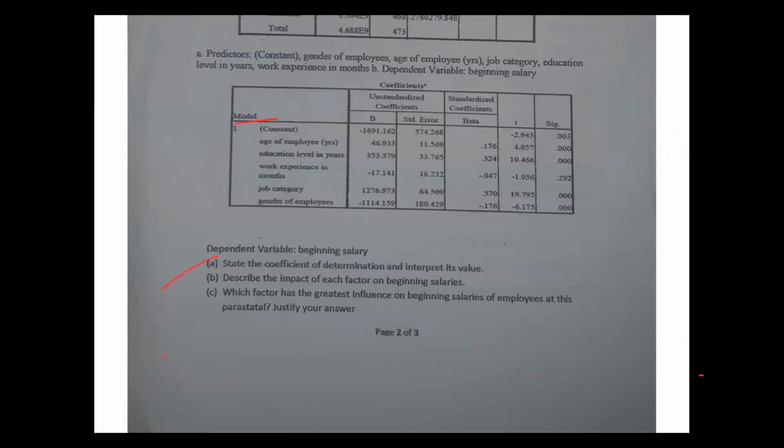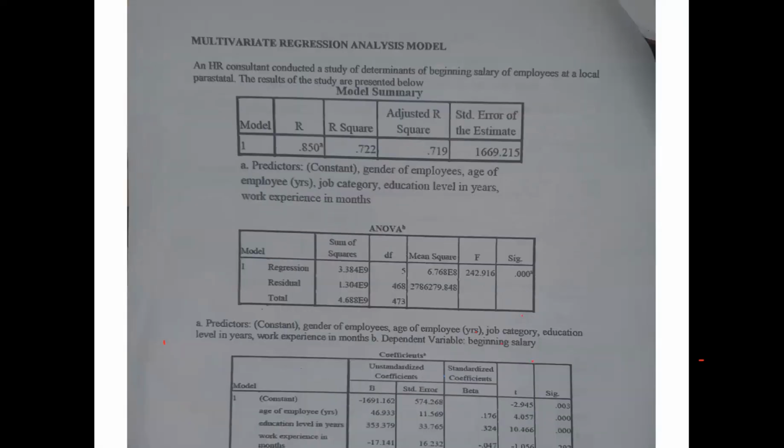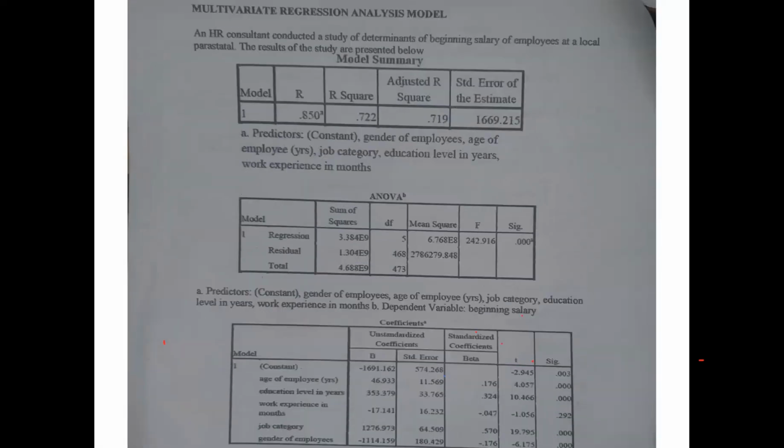Can you state the coefficient of determination and interpret its value? You know a coefficient of determination? What is the coefficient of determination? It is R squared, isn't it? I said that coefficient of determination is R squared. So can you state that number?